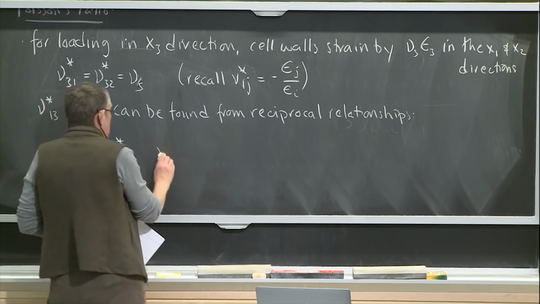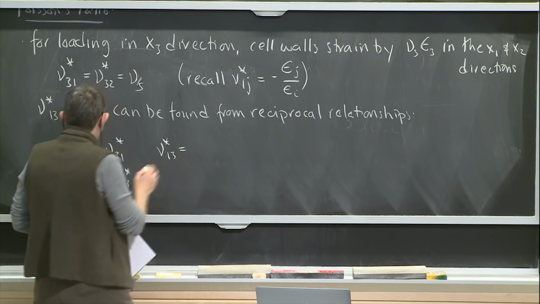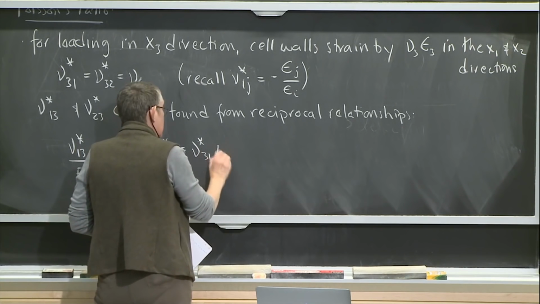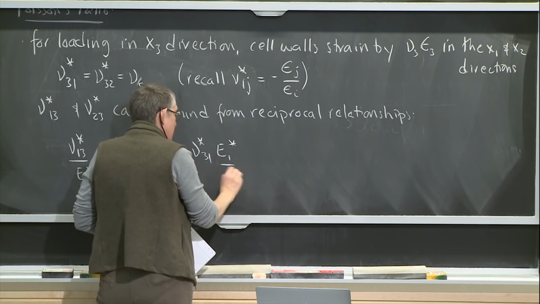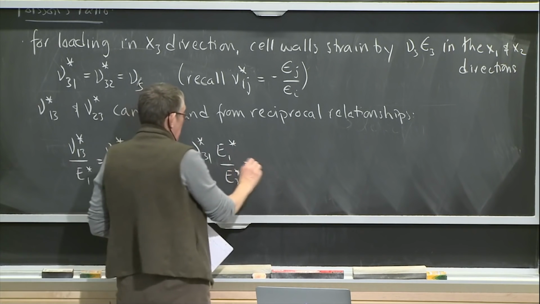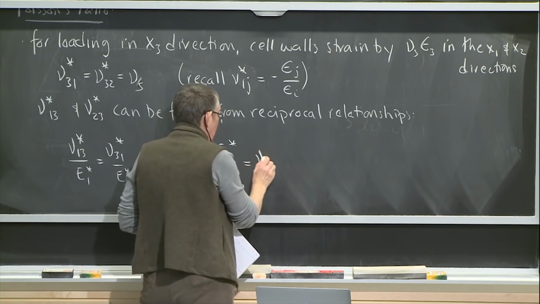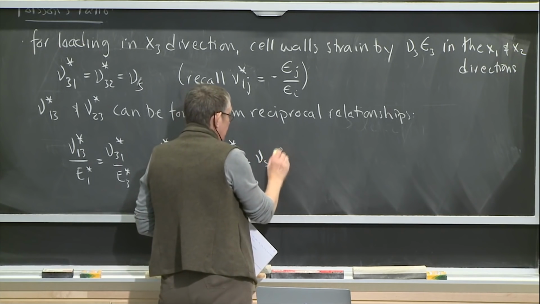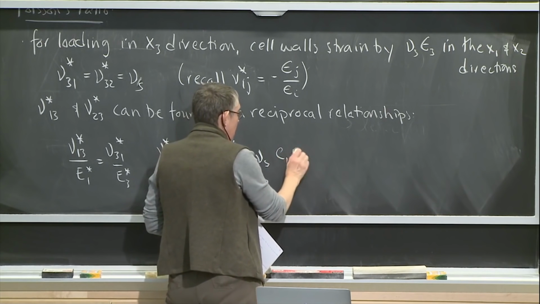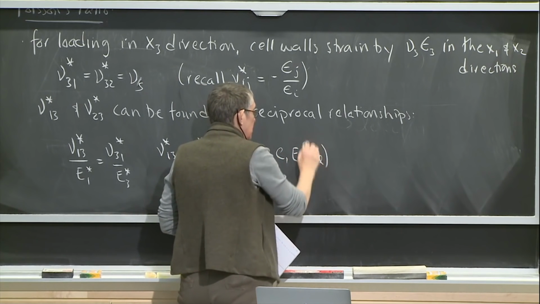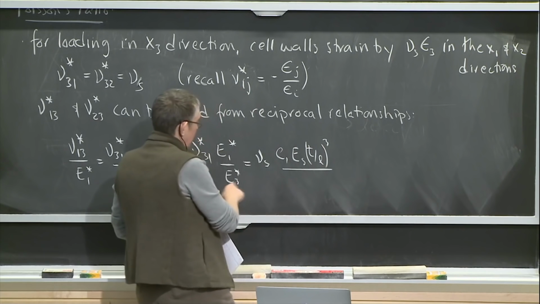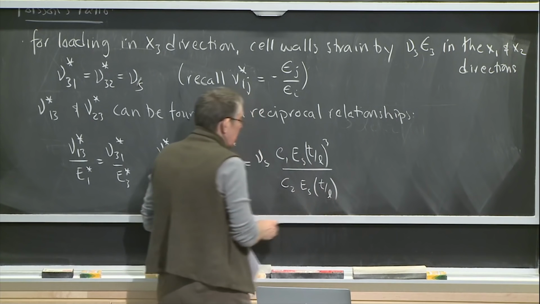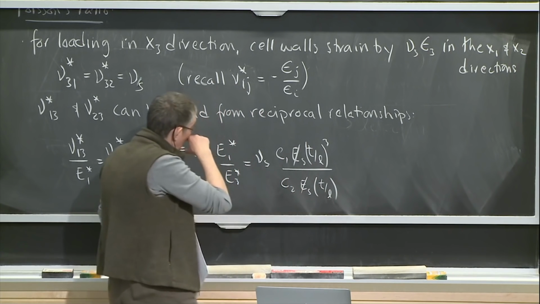So I can write that like that. And then I can say nu 1,3 is going to equal nu 3,1 times E1 over E3. And we just saw that nu 3,1 was equal to nu s. And we see from before that E1 is equal to some constant, let me just call it C1, times ES times T over L cubed. And E3 is going to be some other constant times ES times T over L. So the ES's are going to cancel.